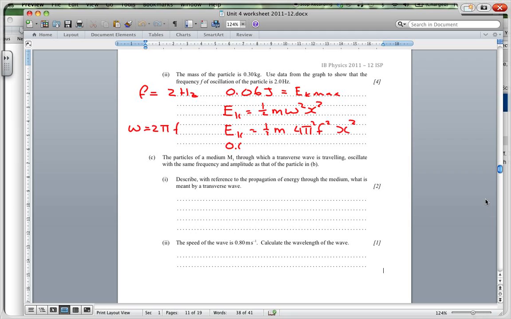So we can have 0.06 is equal to 1/2, the mass is 0.3, 4 pi squared f squared, and we're going to have our x value, and our x value we can also take from our graph. If you look in the graph, that is 0.05 squared, and so we solve for f. Hopefully you'll be able to do that, and you should get your f coming out as 2 hertz, like that. Sorry, there should be an h there.